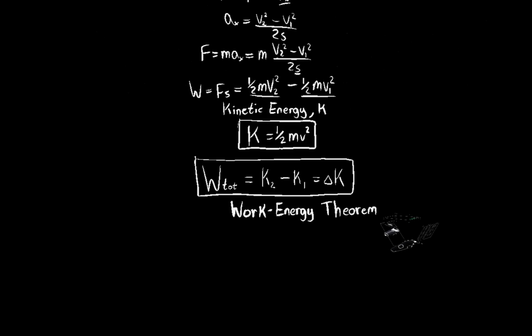So velocity can be negative, but speed can't be negative. You're just going some positive speed in some direction, but speed does not have anything to do with direction. So speed is always positive or 0. So what that means is that kinetic energy cannot be negative. It can only be 0 when the body is at rest, or positive when it's in motion.